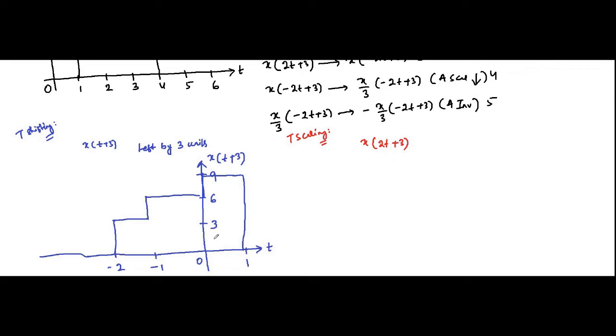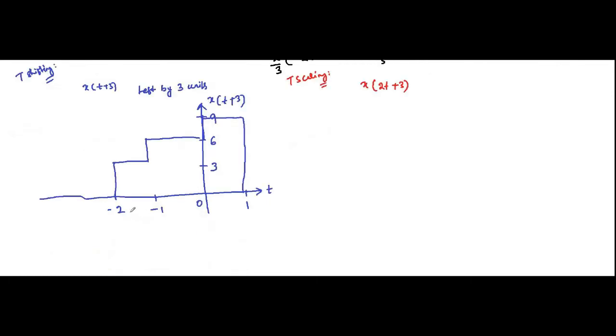All of the points where the signal exists, from the starting to the ending point, will get divided by 2. So this is minus 1, this is minus 0.5, that is plus 0.5. So the time scaled signal will be something like this.